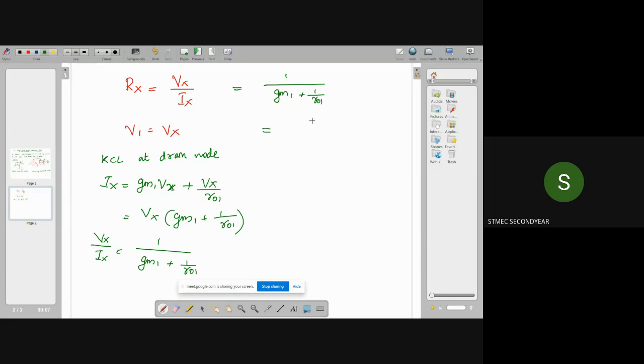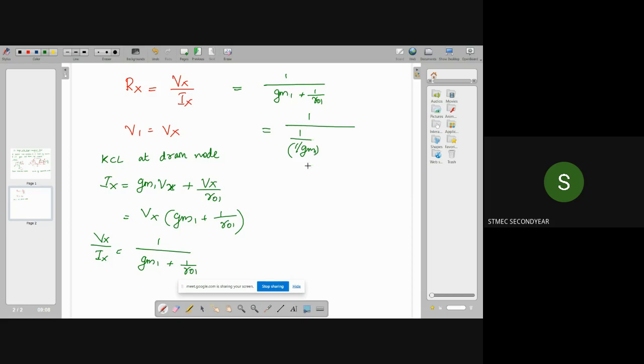Now we will modify this. 1 by 1 by GM1 is equal to GM1 itself. Right?